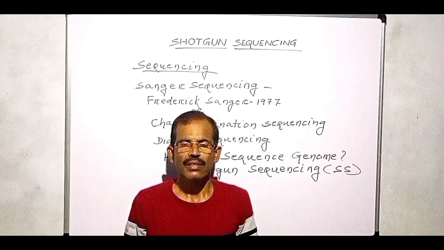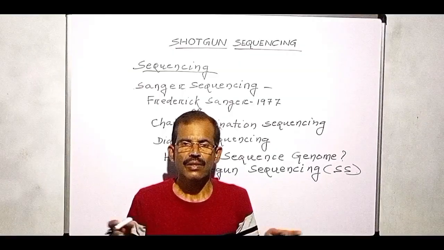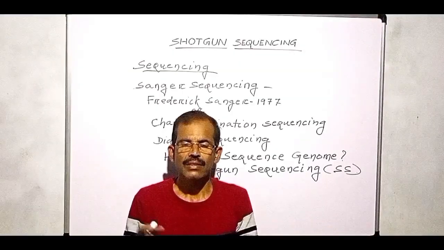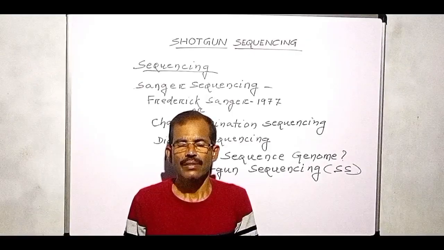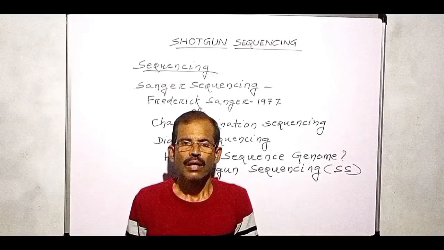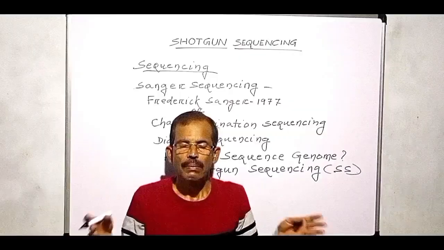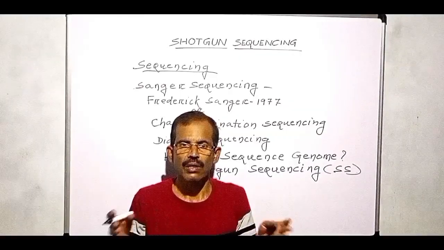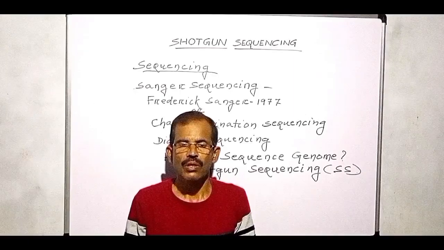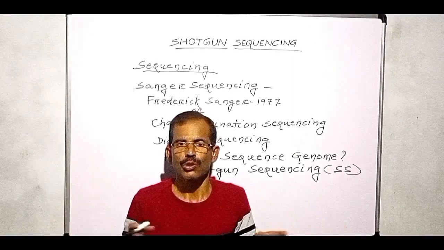These fragments are then sequenced by Sanger sequencing or next generation sequencing. In the next step, the sequenced fragments are reassembled based on their overlapping regions by using computer algorithms to reconstruct the original sequence of the genome.